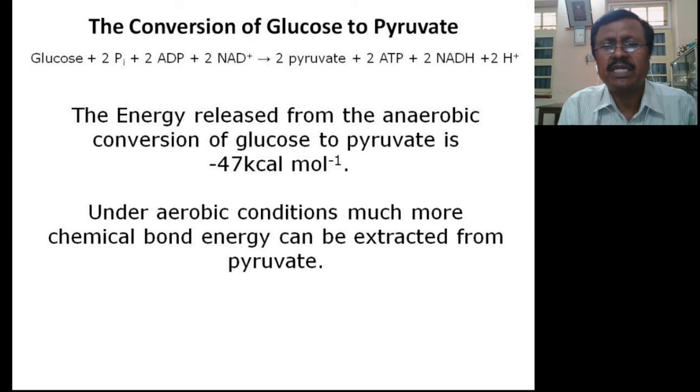So the net yield per mole of glucose in the glycolytic pathway is 2 moles of ATP, and 2 NADH are produced. If the organism is aerobic, these 2 NADH undergo oxidation in the electron transport chain, producing a few more ATP molecules.